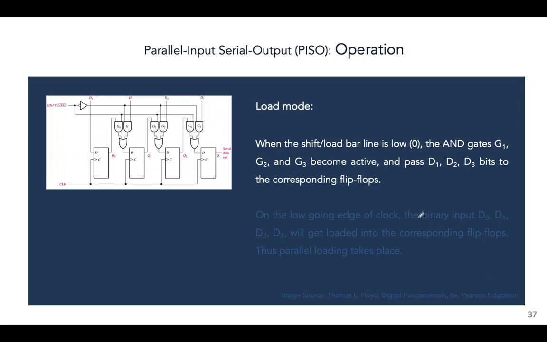Now, when the shift and the load bar line is low, this one, when this line is low, which means when this is 0, what happens is AND gates G1, G2 and G3 become active. Now, again, this has to do with the basic concepts that you read about when you learned about gates.